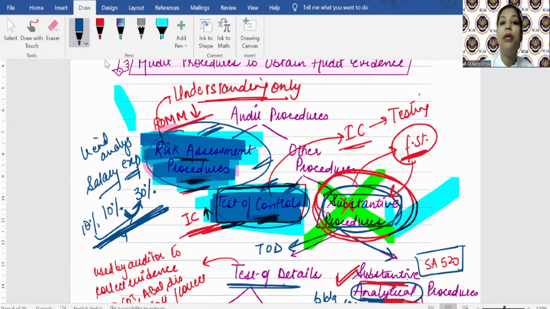Only then will you be able to conduct the audit in an effective and efficient manner. If you are going to audit a client, you will have to assess the risk, right? You will have to obtain an understanding of the entity, environment, and internal control. Without that, how can you conduct an efficient and effective audit? Right? So is it clear, Mr. Ramchandra? Is it clear?